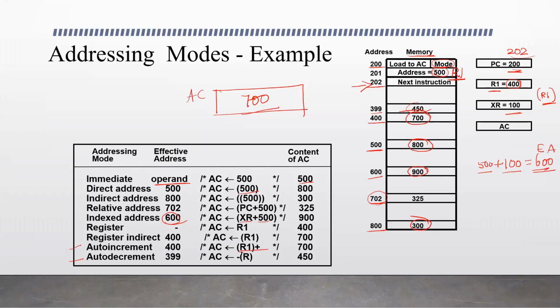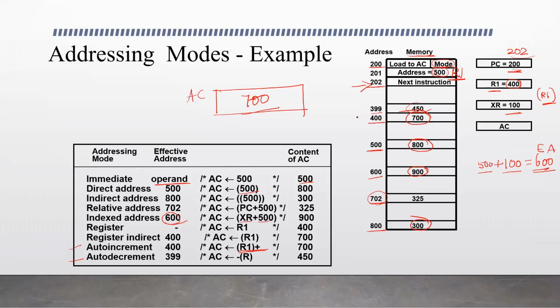Here it is given clearly, AC is R1 plus. So first the content of R1 is used. What is the content of R1? 400, and we locate 400. The value is 700. So 700 is moved to AC, and then the address is incremented in auto increment mode.